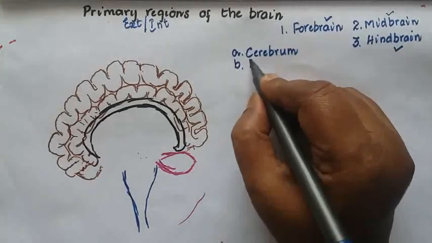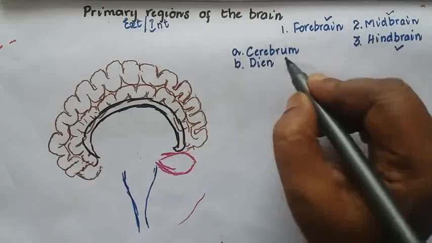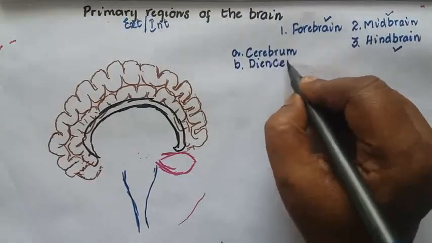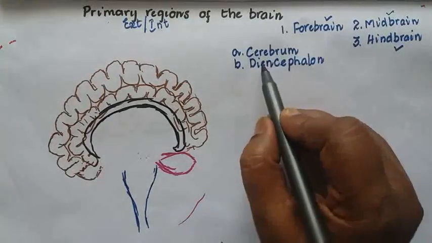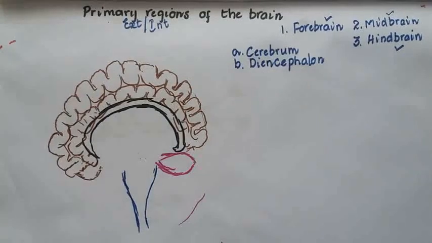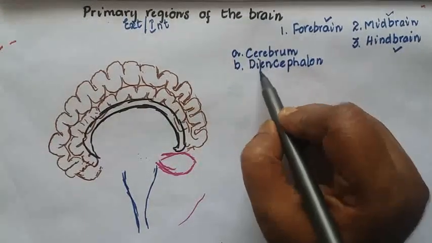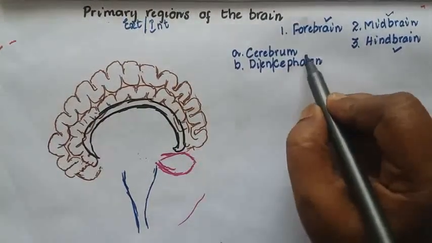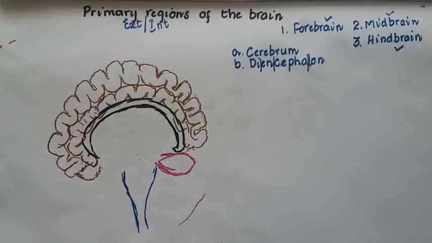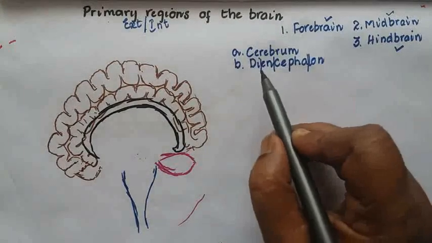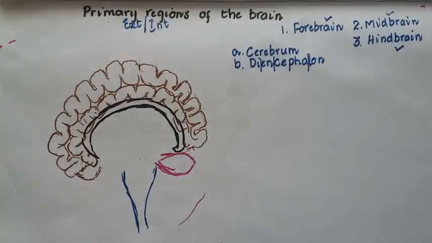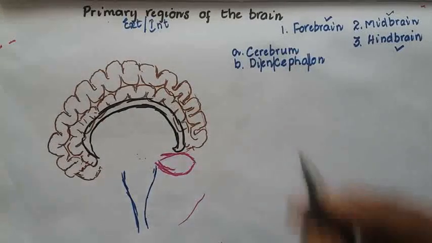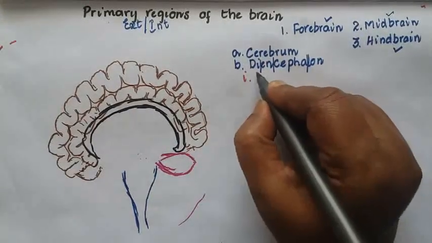The second part of the forebrain is known as the diencephalon. So what is the second part of the forebrain? We name it the diencephalon. And this diencephalon comprises two more parts.